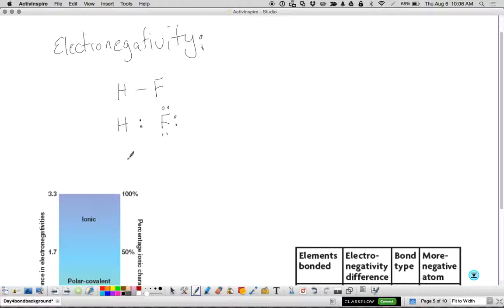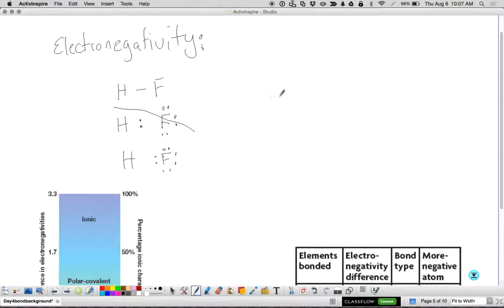Okay? So, as it turns out, fluorine basically takes these electrons and holds them tightly. And hydrogen is kind of okay with giving them up. So rather than looking like this, what it actually looks like is this. Okay? Where most of the electrons are sitting on the fluorine.